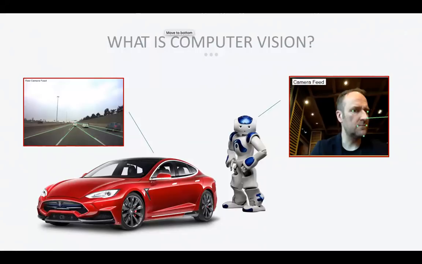Another application would be in robotics, where you have an autonomous robot with cameras, a robot that can walk around and turn its head and look at specific objects or people. There, it's useful to do video processing to recognize faces.